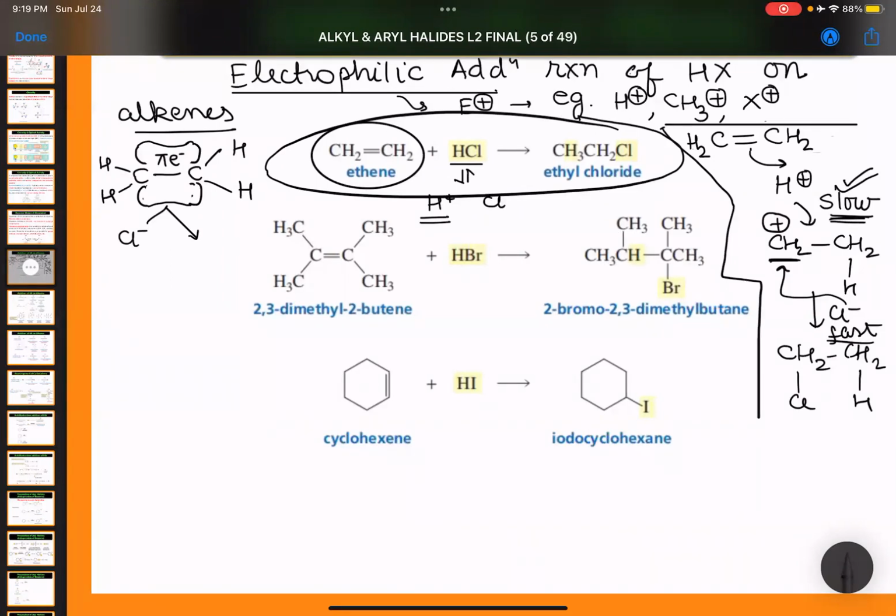It is the RDS, rate determining step, because it is the slow step, and the speed of the whole reaction depends upon the slowest step. If the slowest step is slowed down further, the reaction will slow down. But if, for some reason, the slow step can occur more quickly, then the whole reaction is going to occur more quickly.